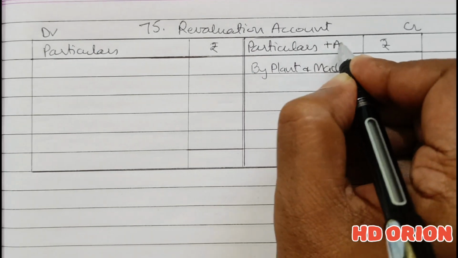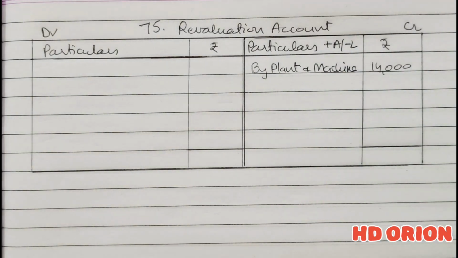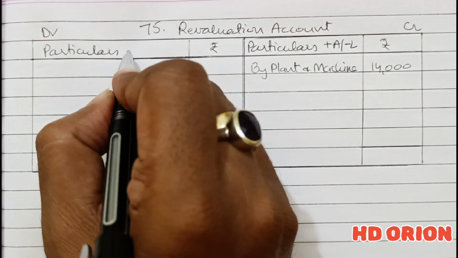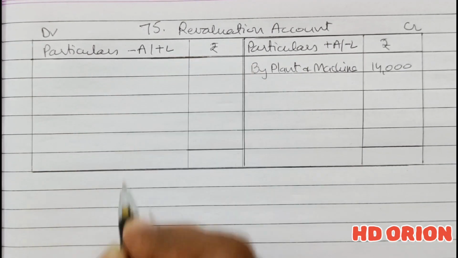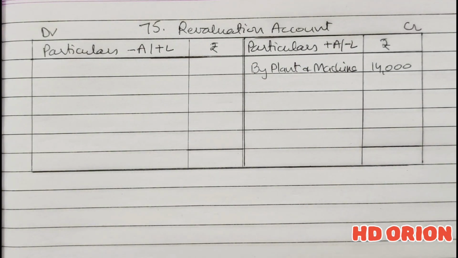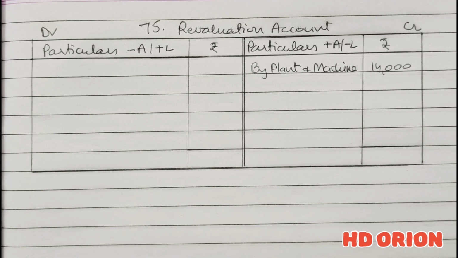We know that increase in asset or decrease in liability goes on the credit side of revaluation account, and decrease in asset or increase in liability on the debit side. We are discussing these basics of revaluation account in all the videos, in almost every sum, and I expect that you have watched all the previous videos, and that will help you get a stronger concept on the topic.